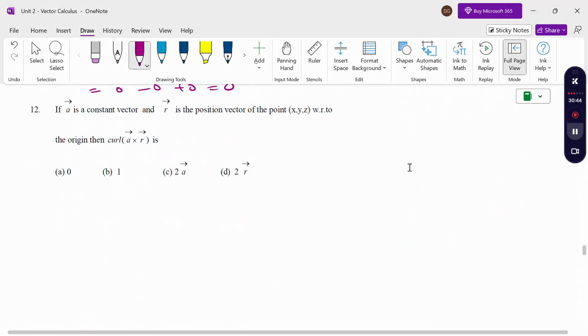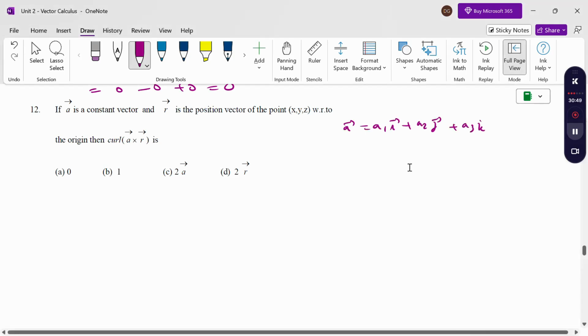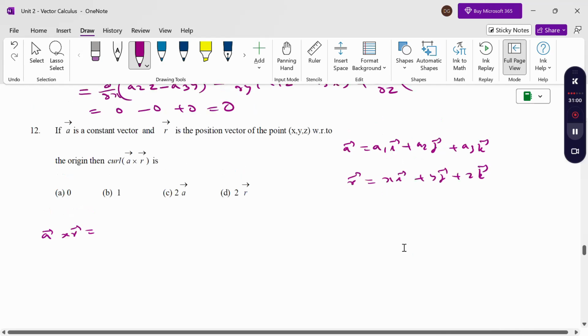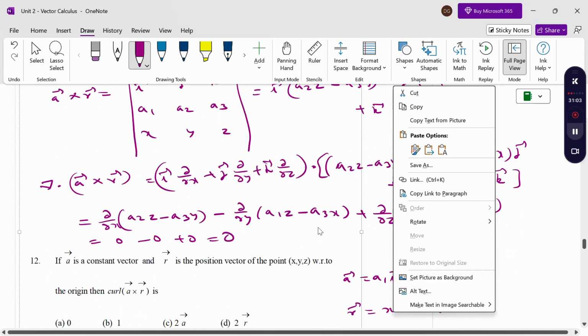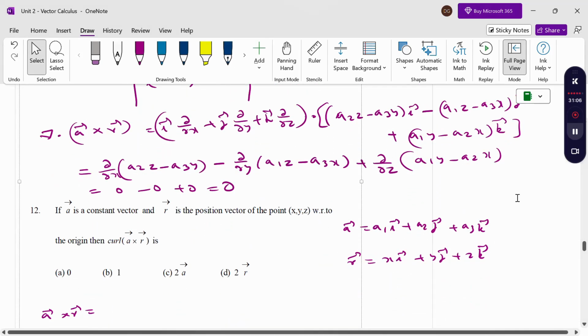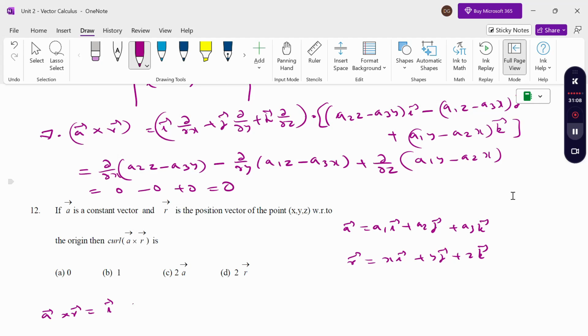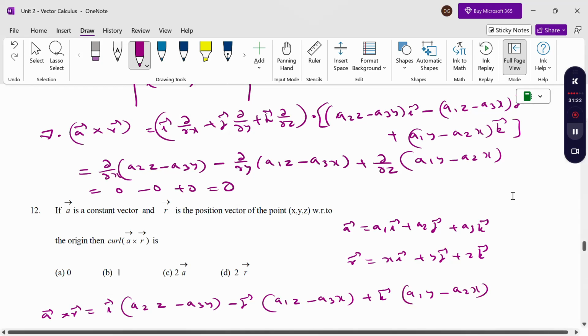A vector is a1 i vector, a2 j vector, a3 k vector, then r vector is x i vector, y j vector, z k vector, and then A vector cross r vector is nothing but i vector into a2z minus a3y, then minus j vector a1z minus a3x, plus k vector a1y minus a2x.